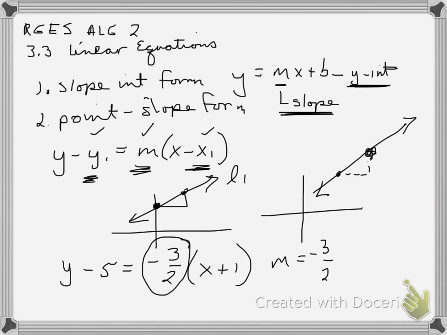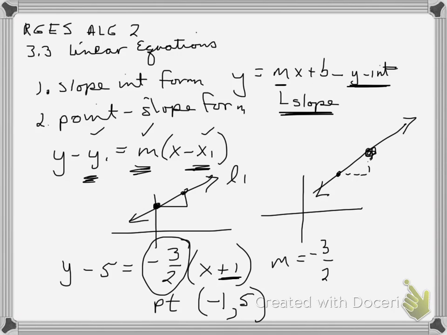Always take the opposite sign. So my x would not be a positive 1, but a negative 1. My y would not be a negative 5, but the opposite sign, the positive 5. Okay, so there's my point.